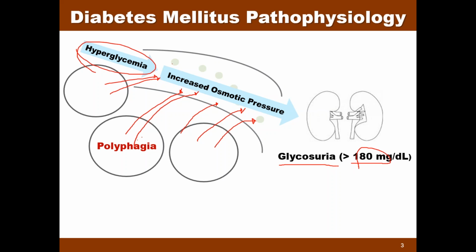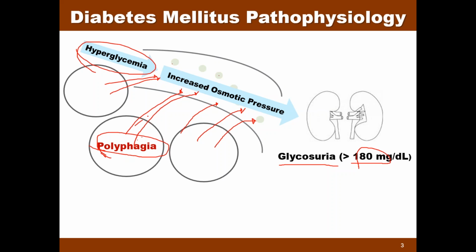Take note that the first P of diabetes is polyphagia, which indicates that the patient is going to have excessive hunger. The reason for that is because the glucose is unable to enter the cells, and the cells of the body are in a state of starvation.